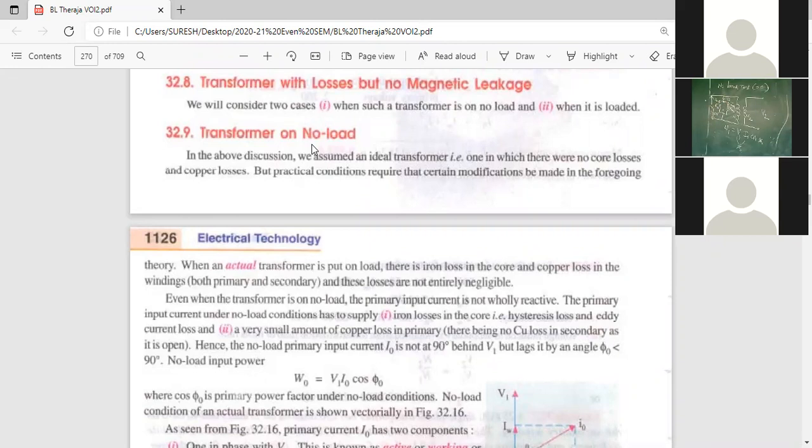Now I will draw the phasor diagram for this. I am taking flux as the reference.